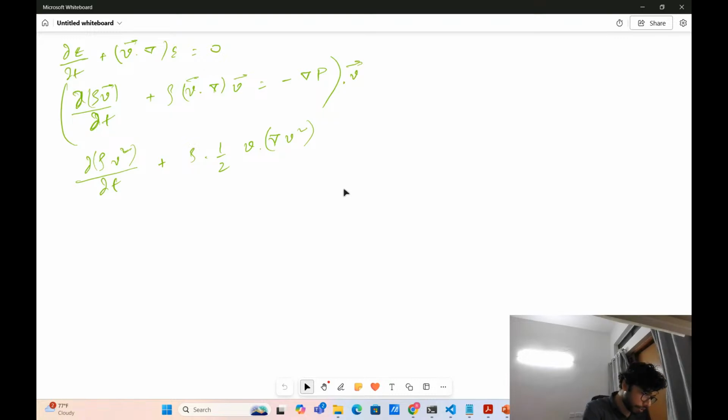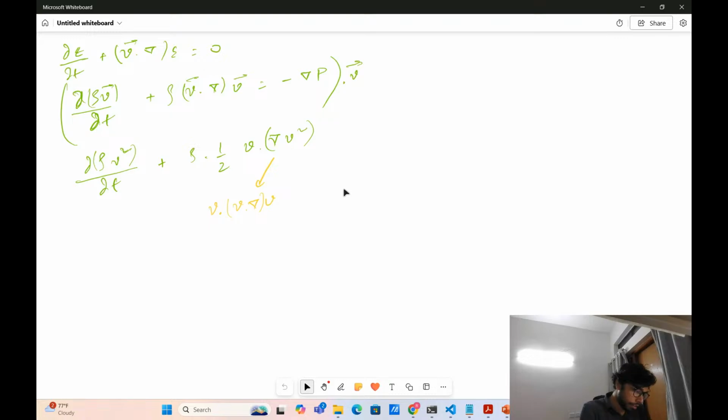If you can't, just expand this thing. Del V square is V del V plus V del V, twice. That's why you have a half factor over here, and then you can obtain this term.